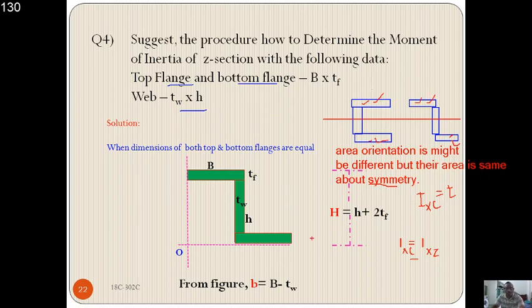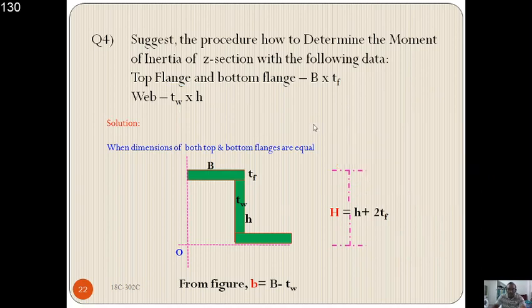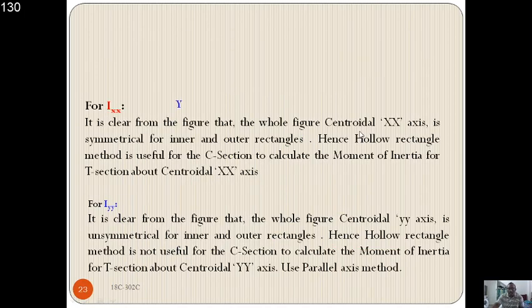This is one of the conclusions. By inspection I got the idea. So the similar procedure can be adopted for the box section also.